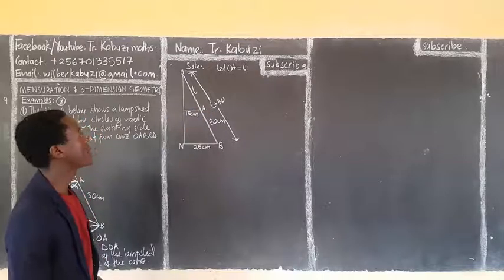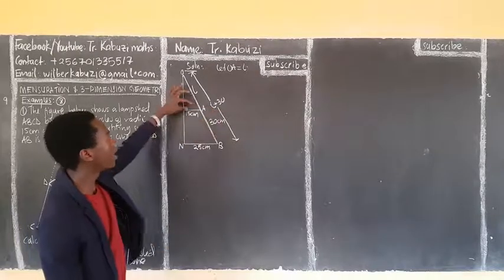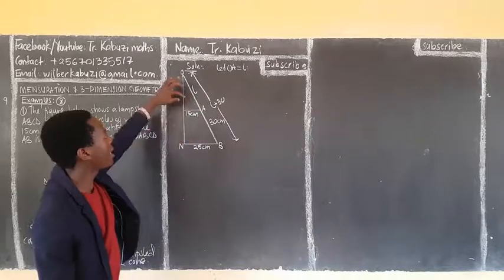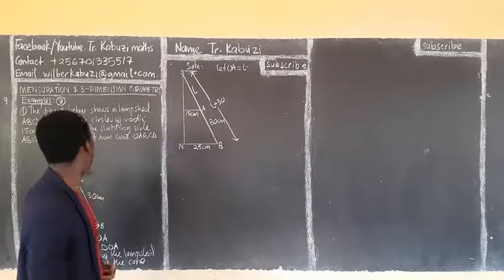Now there I'm going to simplify, so that here I have one unknown. This triangle here is similar to this small triangle there.